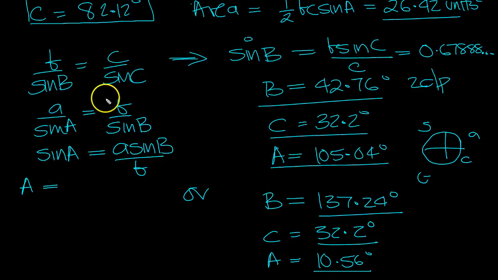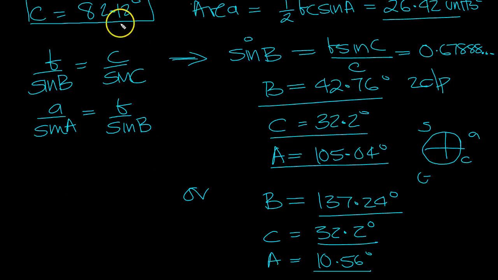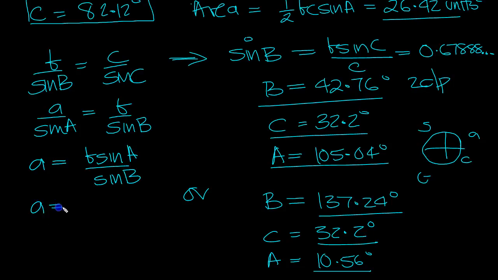This would be lowercase a. I want the side A, so that's not what I want. Let's just change that now. A then is equal to B sine A. That's better. Over the sine B. That's the formula.